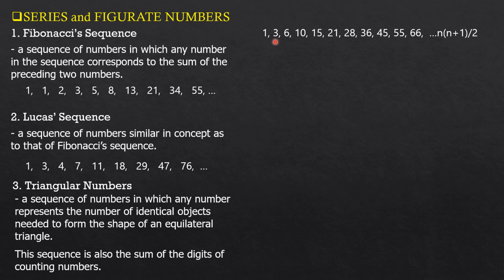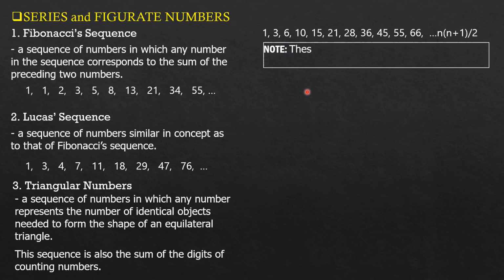So to figure that out, when you arrange identical objects like piling billiard balls, the topmost object is 1, and the next layer has 2 balls, so 1 plus 2 is 3.